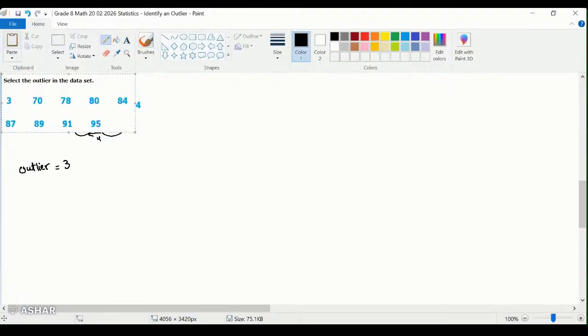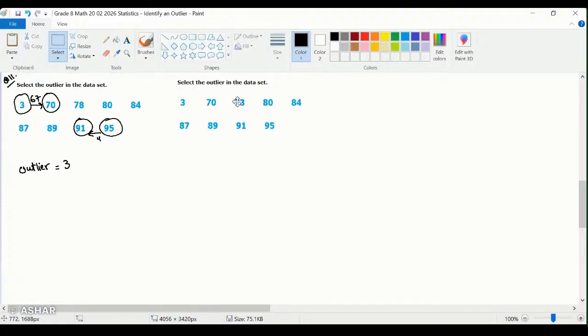But if I would use the same numbers, I'll just change one of the numbers over here. And we had another number that was 160.